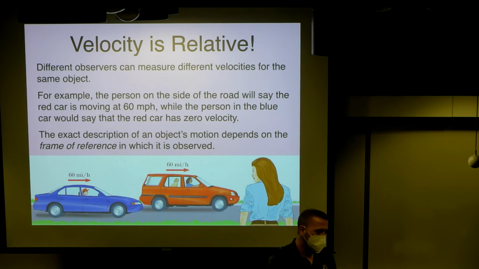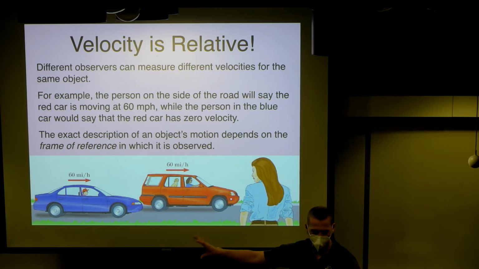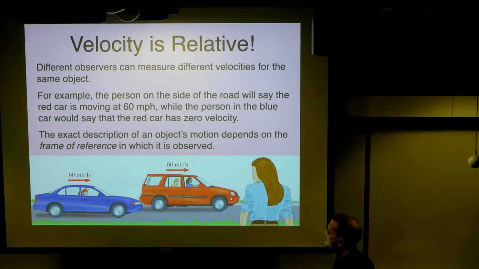The person on the walkway says Bob is moving at 1 meter per second. The person standing on the ground says 2 meters per second. Neither one of those is the right answer. It's just a relative question, okay? From the standpoint of physics, there's no correct way to view velocity. It's just relative to who's observing it.